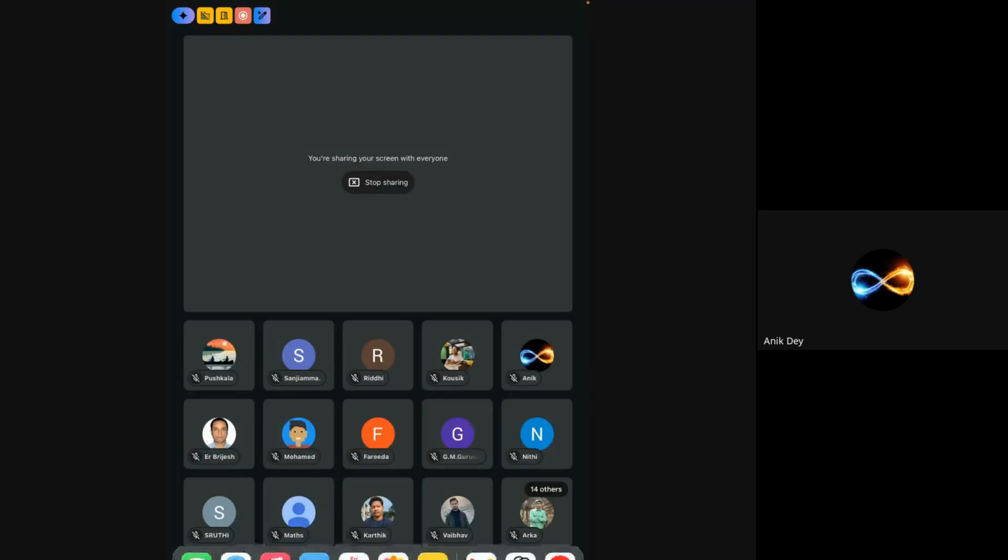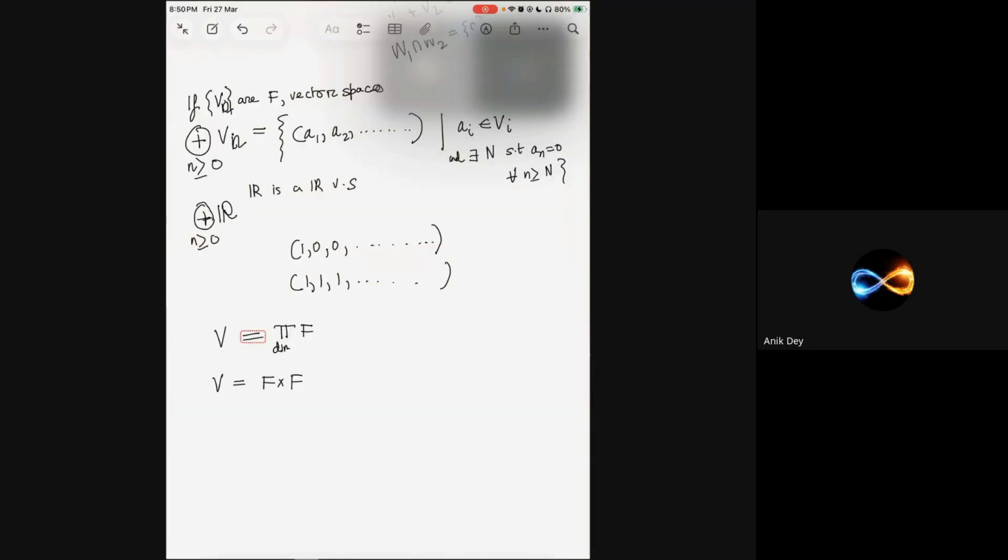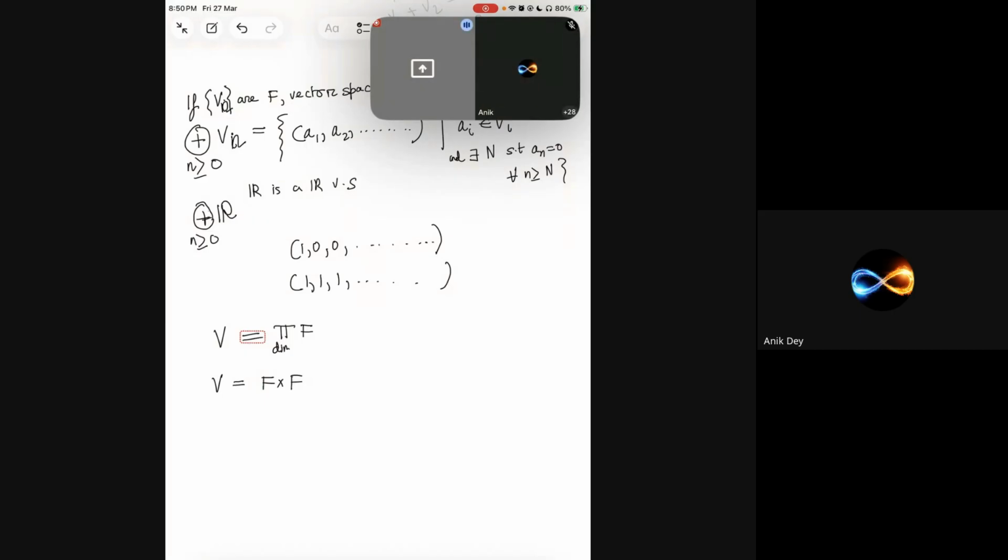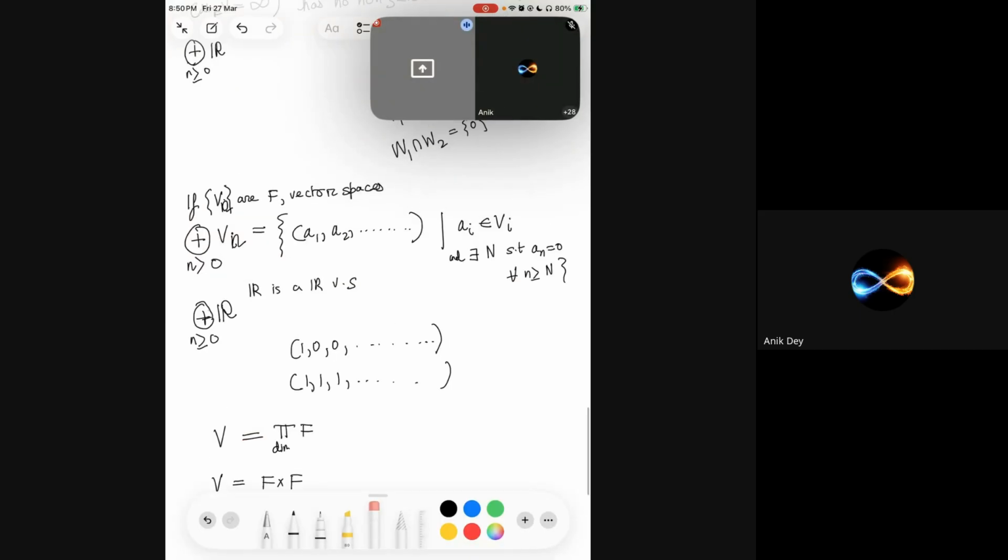If anybody has seen the exact definition I wrote right now, please raise your hand, and I will take your help to solve this problem.